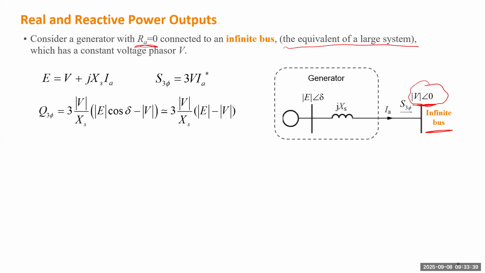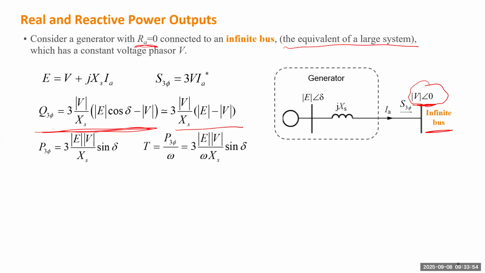So the reactive power, the accurate reactive power, will be this formula we proved in the previous session. If the delta angle is small, it can also be approximated by this formula. This is the active power. Always remember to add this 3, because here we study a 3-phase generator.